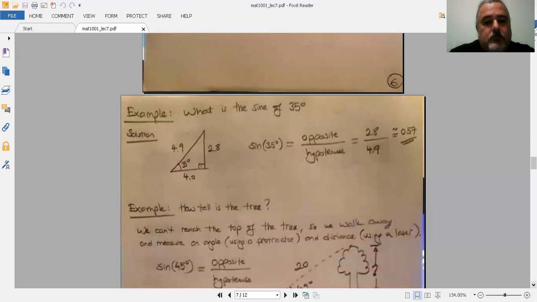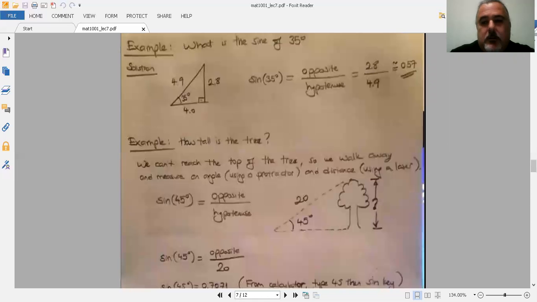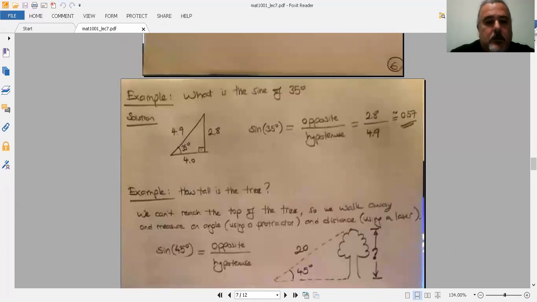Okay. Another question. How tall is a tree? We can't reach the top of the tree, but we want to know how tall it is. So we walk away to a distance that we can measure, and we can measure the angle with a protractor, and we can measure this distance with a laser.